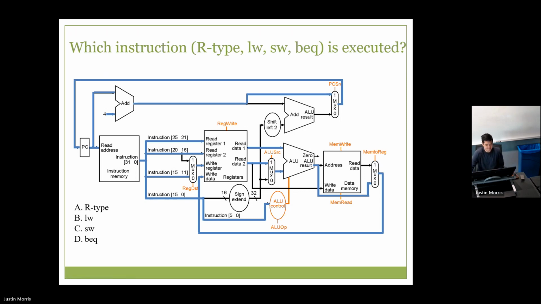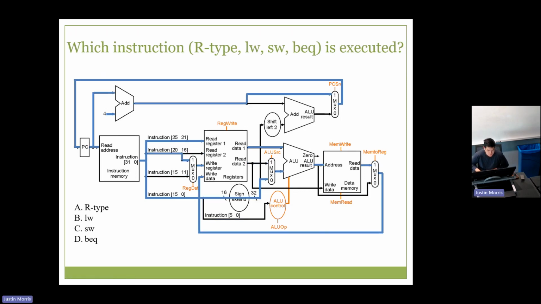All right, so here's the next one. The data path has changed a little bit in terms of what's highlighted. What is the instruction type? So again, do this on your own first.